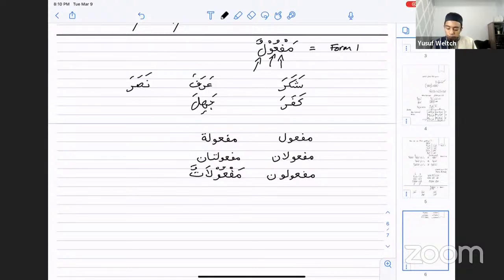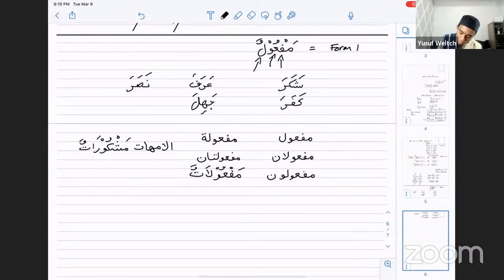Okay, so you can say al-ummahat. What does ummahat mean? Anyone? The mothers. Good. All right, so the mothers, mashkur... How would you say that in Arabic, in English?